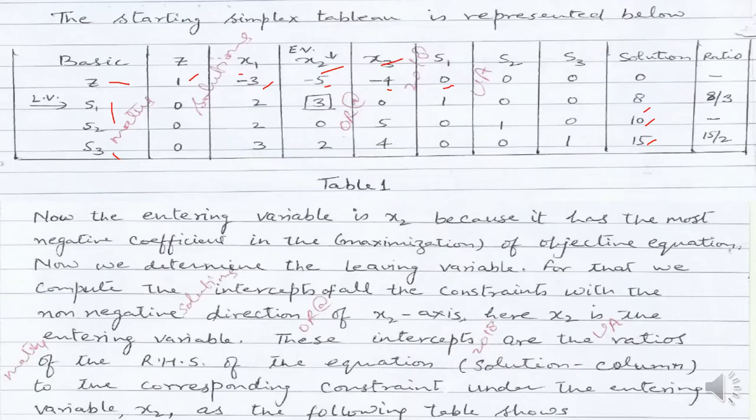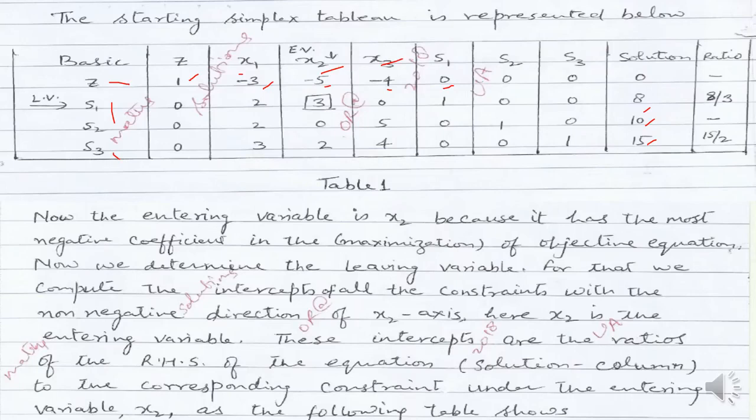The S1 row shows the first constraint's coefficients. So we write the coefficients of the first constraint in the S1 row, the second constraint in the S2 row, and the third constraint in the S3 row.